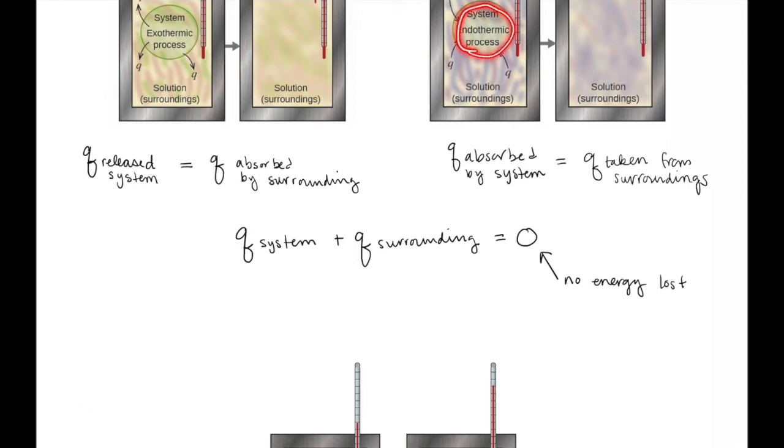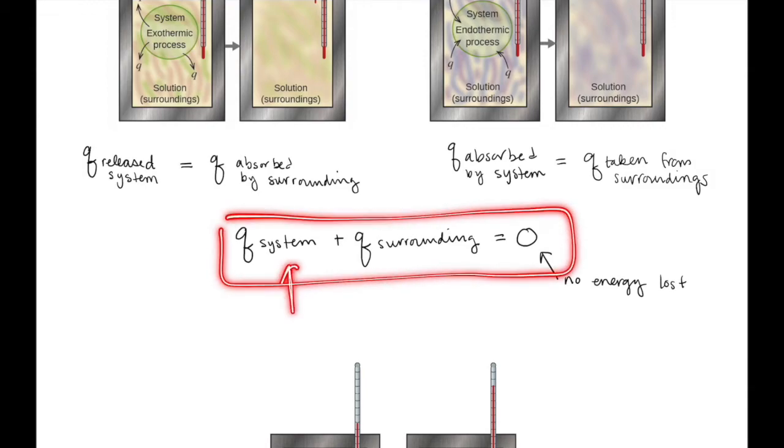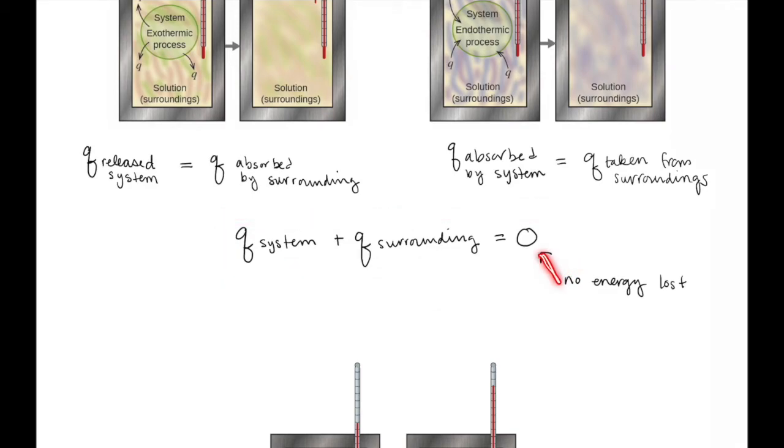We're trying to say that any energy that's transferred from the system goes into the solution, okay? Or any energy that goes into the system comes from the solution or the surroundings, and we can measure that with a thermometer. So here we're just saying the energy change of the system and the energy change of the surroundings should exactly balance out so that no energy is lost, and we can actually determine how much energy the system has either gained or lost.